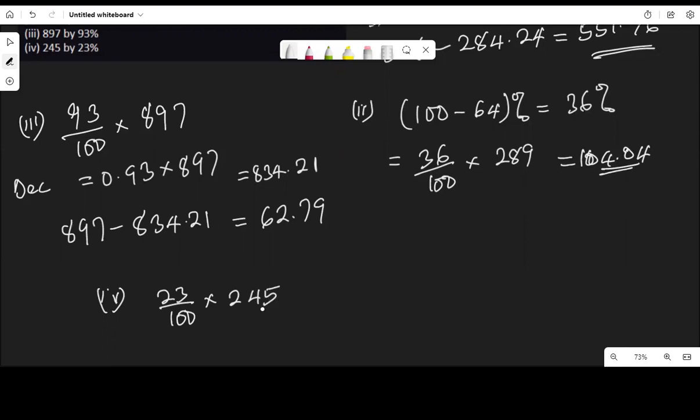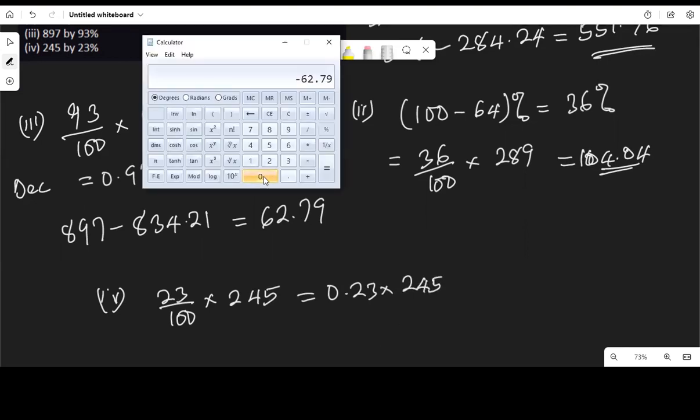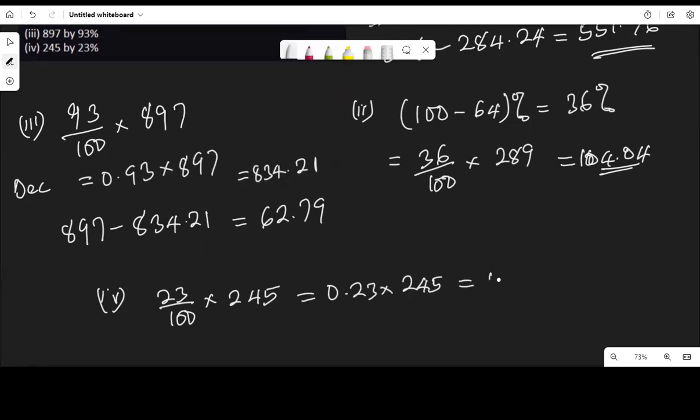Whatever we get, we subtract it from 245 to give us the decrease. 23 over 100 is 0.23 and multiply by 245. 0.23 times 245 equal to 56.35.